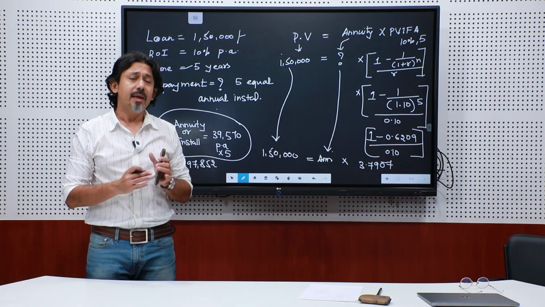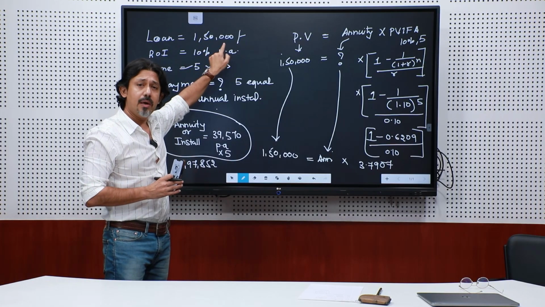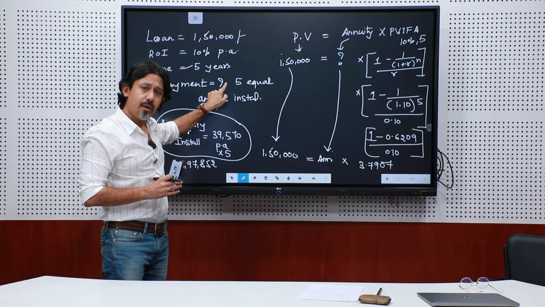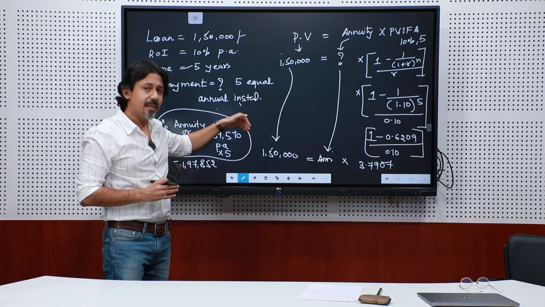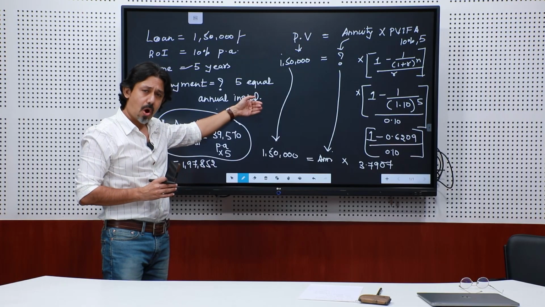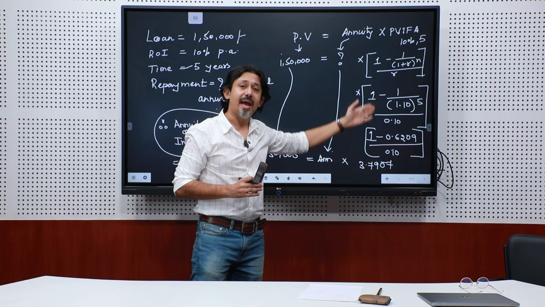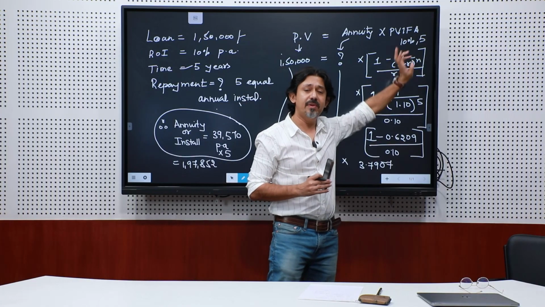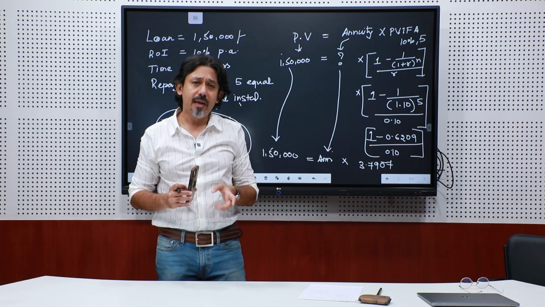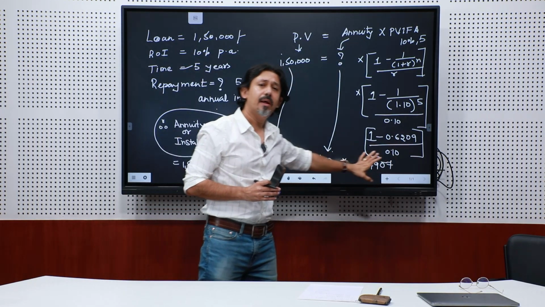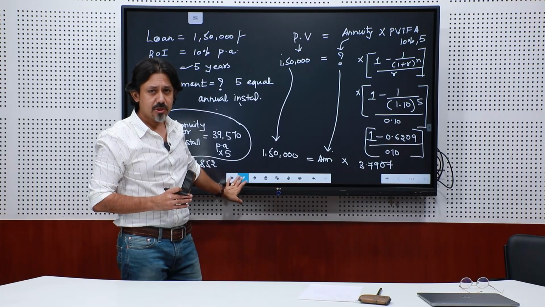So, now we know that given the amount of loan that you want, the rate of interest and the tenure, if you know the repayment schedule, which is either yearly, monthly, quarterly, 6 monthly and so on, you can use the PVIFA formula. And I repeat, what is PVIFA? It is the present value interest factor of an annuity. You use it to quickly calculate the installment amount.